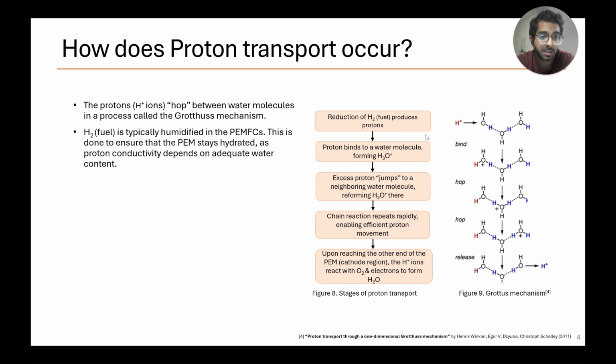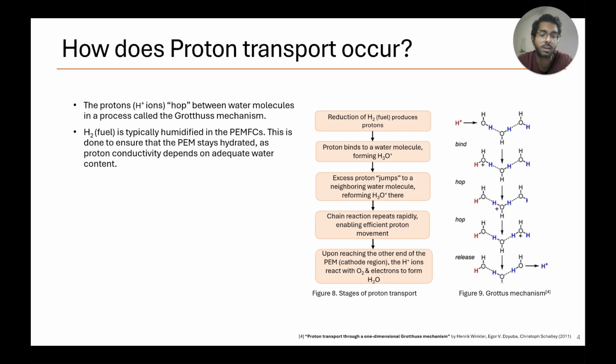This excess proton jumps to a neighboring water molecule, forming another hydronium ion there. And this chain reaction repeats rapidly, enabling efficient proton movement all the way through the membrane.